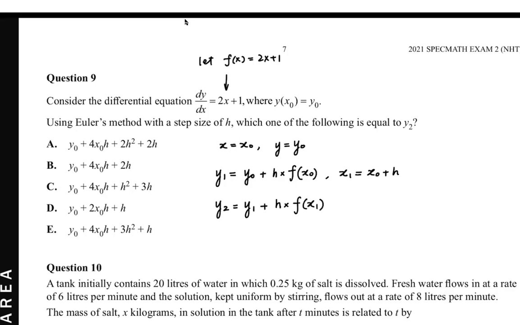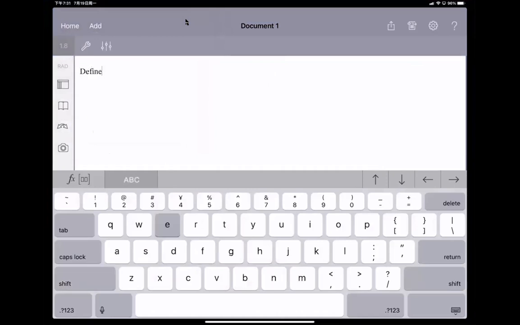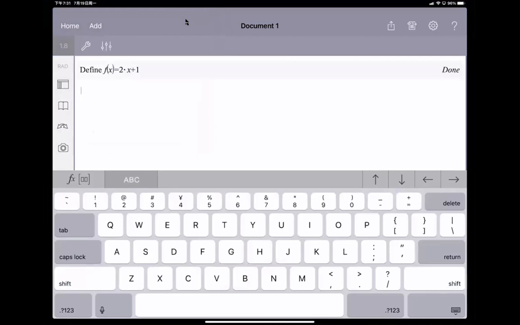So I'm going to do exactly the same procedure on my CAS calculator. Add a calculator, define f of x equals 2x plus 1. And define x1 equals x0 plus h.